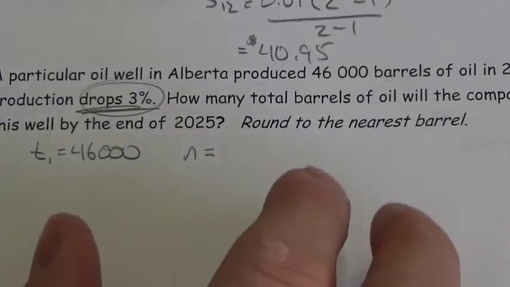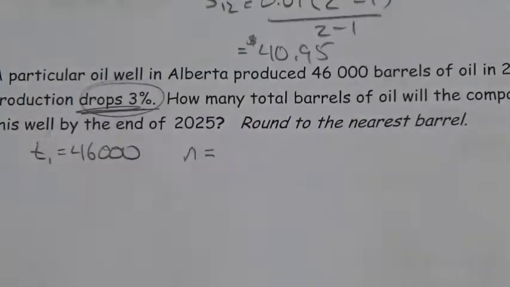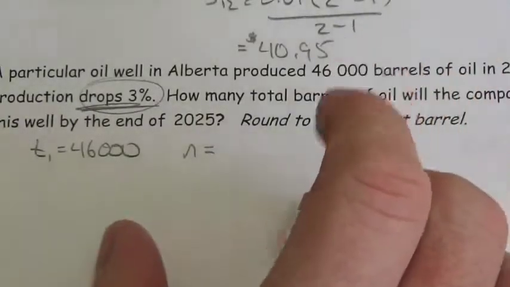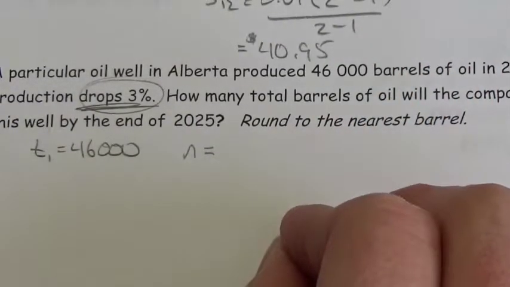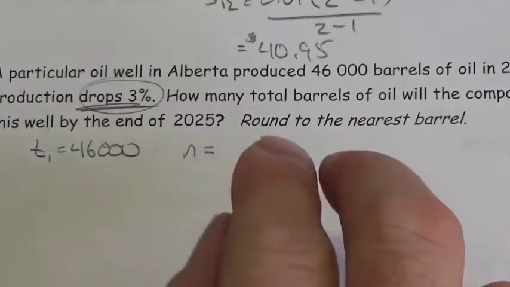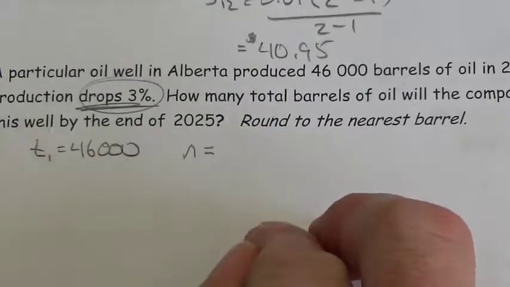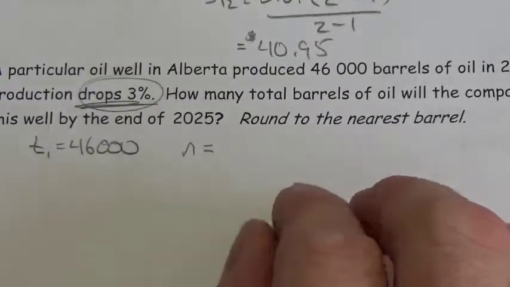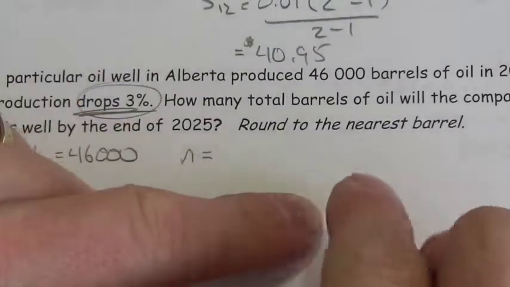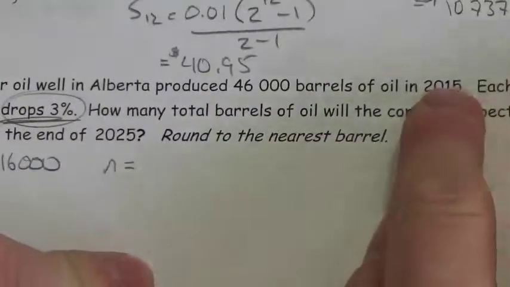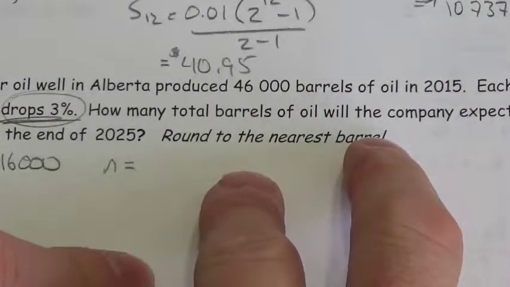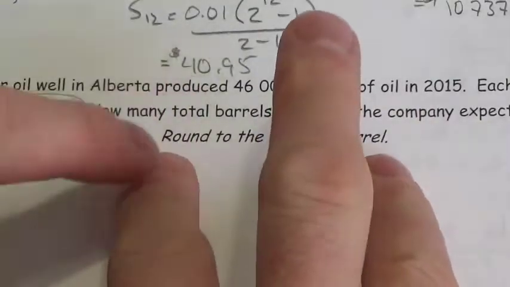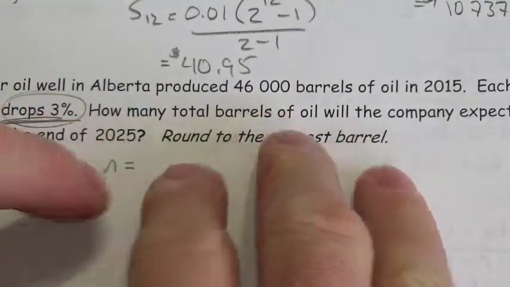Because when we get to 2016, 2016 is the first year later. If we go 2016 minus 2015, you're going to get 1. But 2016 is the second term, not the first term. If we went to 2017, 2017 minus 2015 is 2, but 2017 is actually the third term. 2015, 16, 17.